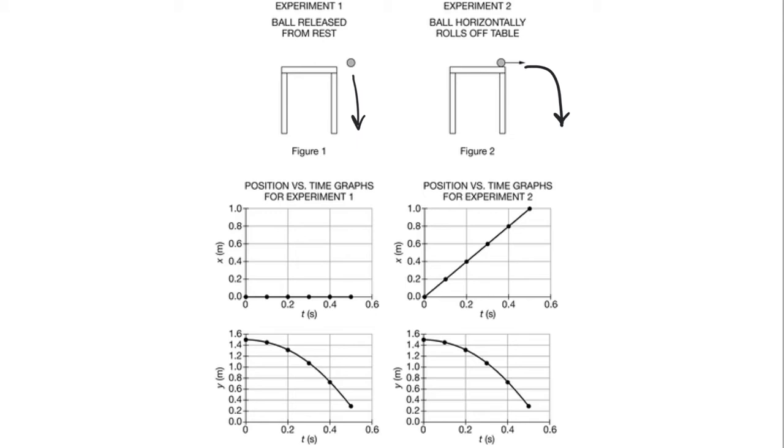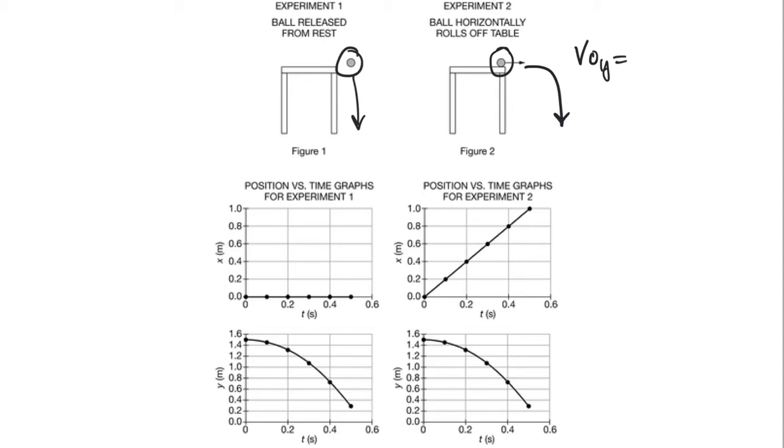So we can see that upon looking at these graphs, we can kind of estimate the velocity and acceleration. In the y direction, both of these balls will be released from rest. So this ball will be released from rest while this ball is rolling off the table. So it never really starts with any initial velocity in the y direction at all. It has some velocity in the x direction, but not in the y direction.